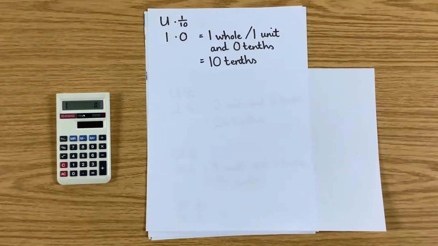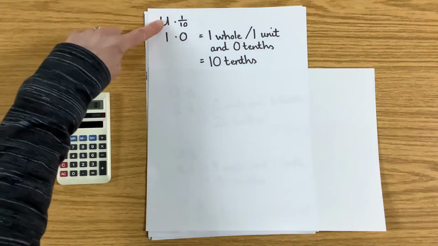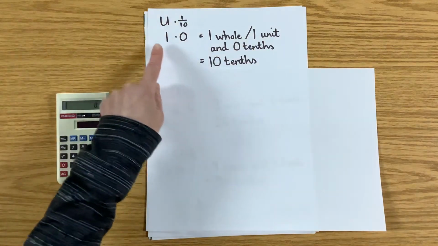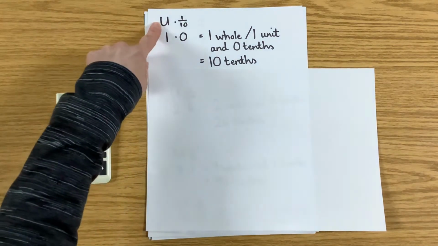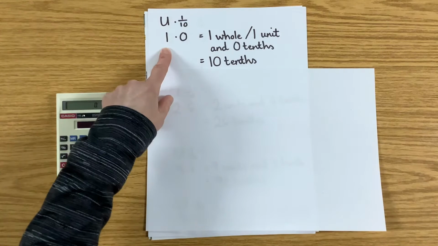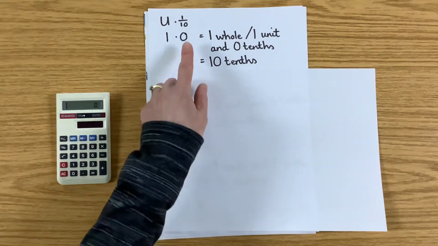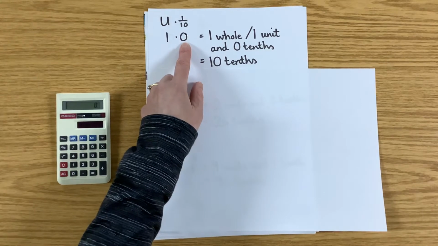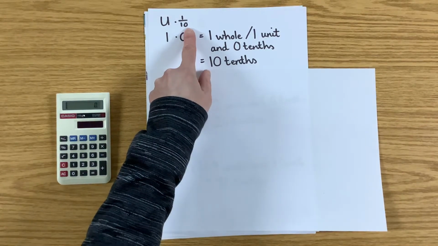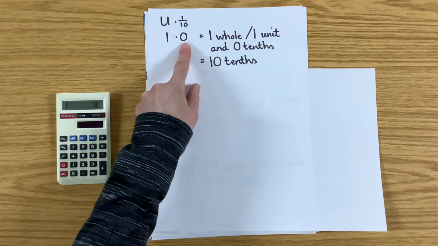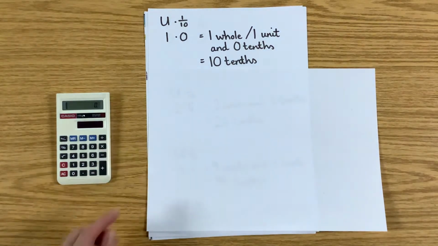Now, we have also been thinking about place value, which means thinking about what each digit means. So if I wrote down 1.0, that 1 is units. That 1 tells me that I've got 1 whole or 1 unit, and the 0 after it tells me that I don't have any extra tenths. 1.0 means 1 whole and 0 tenths.